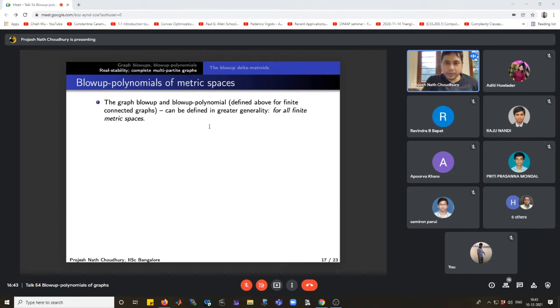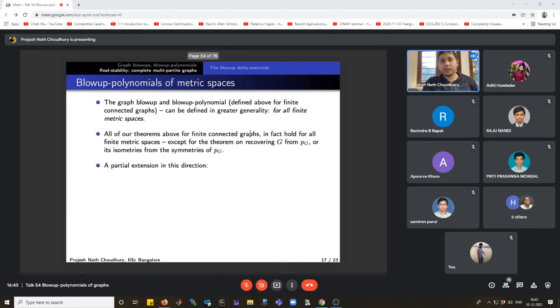In fact, this can be defined in greater generality, and all these results can be proved for finite metric spaces, except for one result which does not go through: that p_G recovers the graph G itself. The blow-up polynomial does not recover the metric space, because now the minimal distance need not be one, it can be any positive real number.